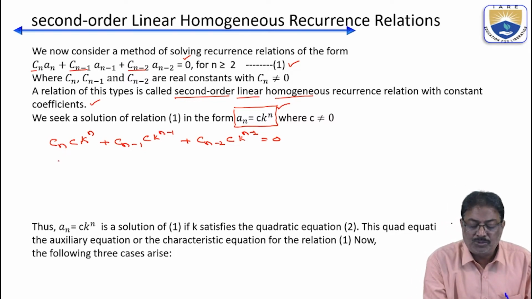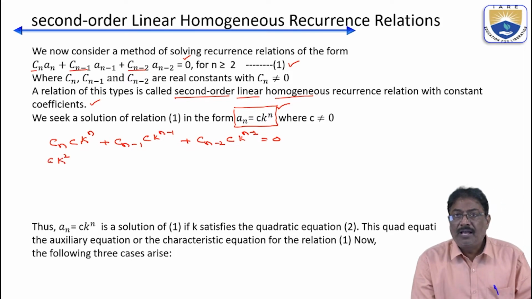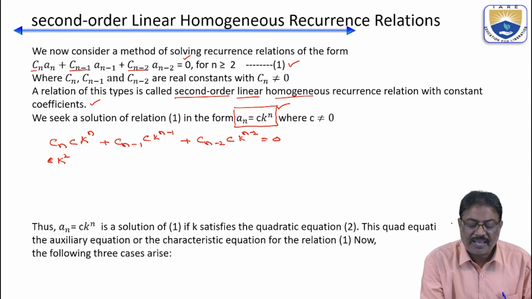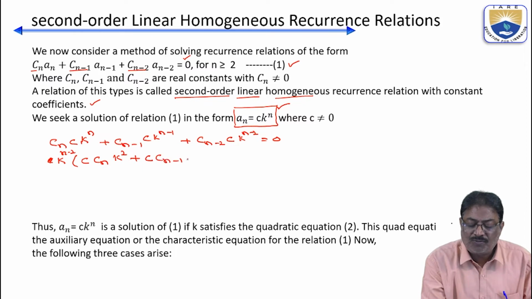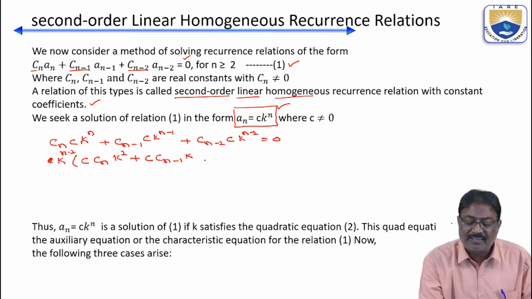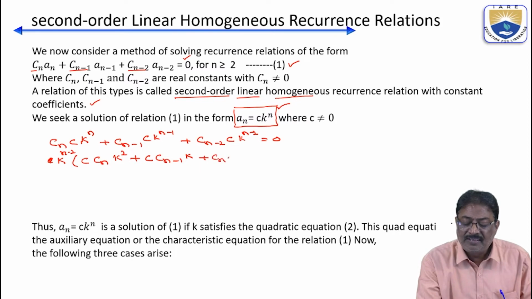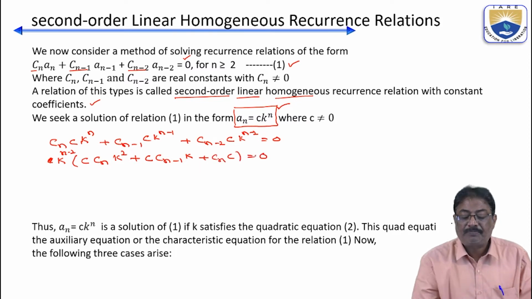Now I am going to take k^2 times c common, or rather, k^{n-2} common. So then this is c_n k^2 + c_{n-1} k + c_{n-2}, and this multiplied by c k^{n-2} is equal to 0.